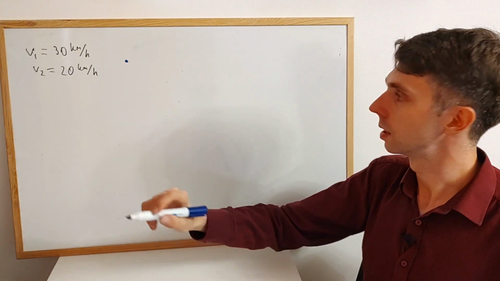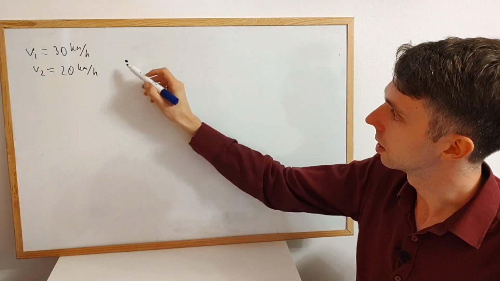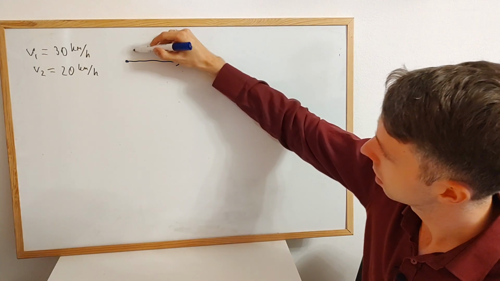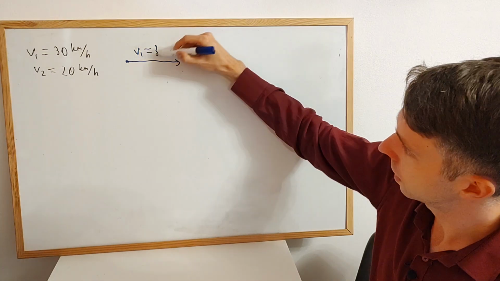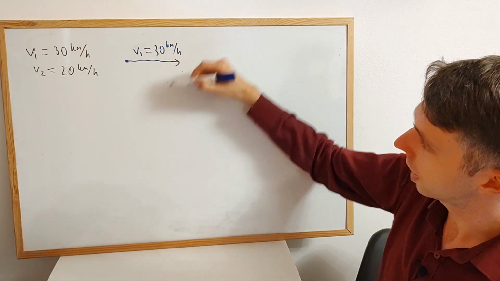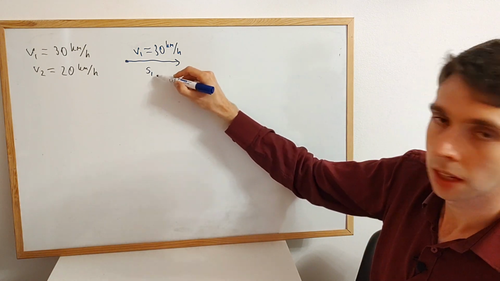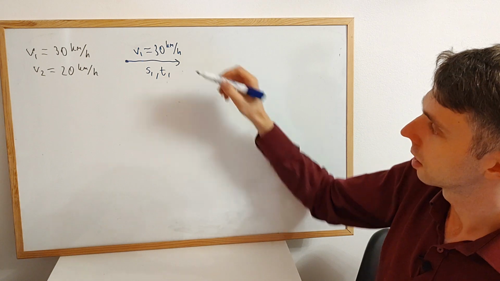So the biker starts here and he rides with speed 30 kilometers per hour, and he covers distance s1 in time t1.